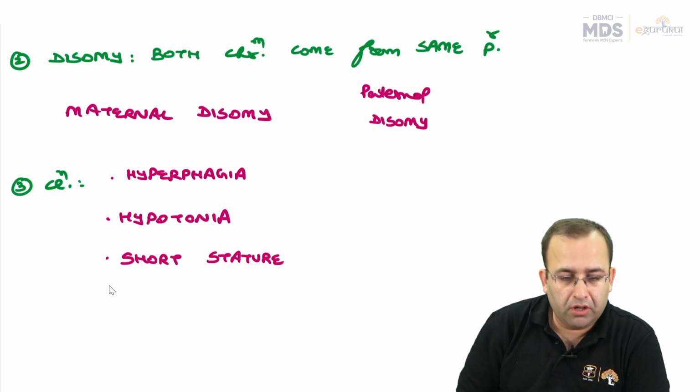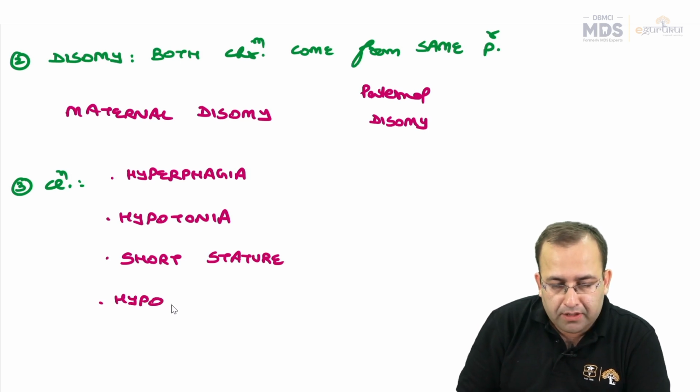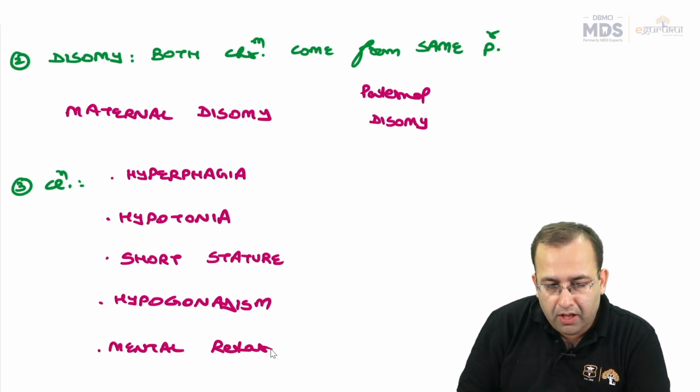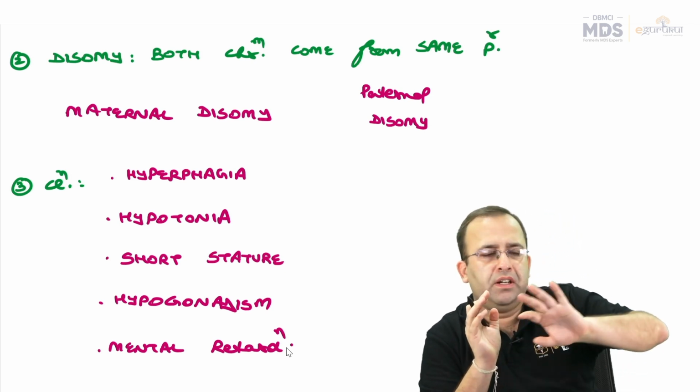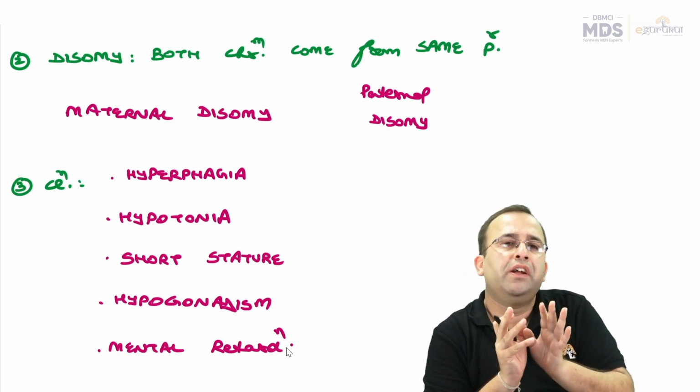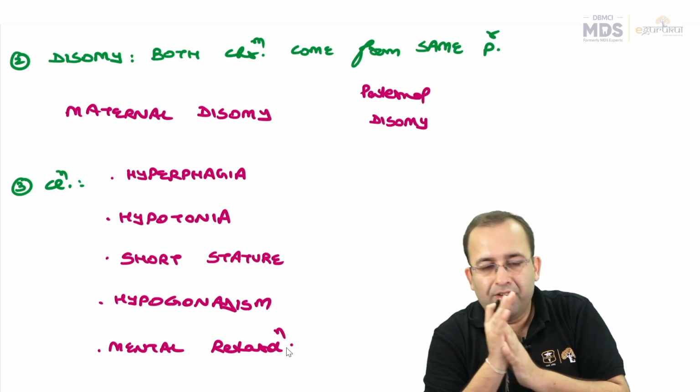Hypogonadism and mental retardation. Prader-Willi. Mother is sleeping, so we sit in front of TV and eat food whole day.